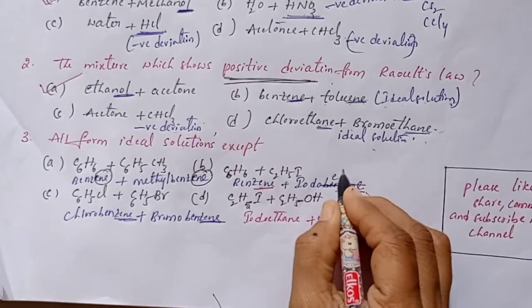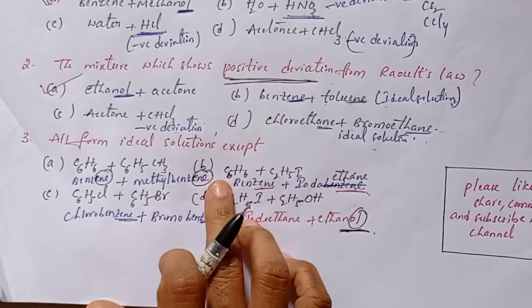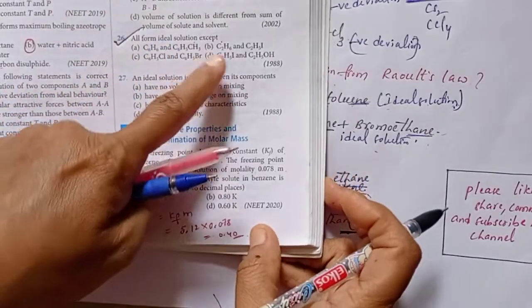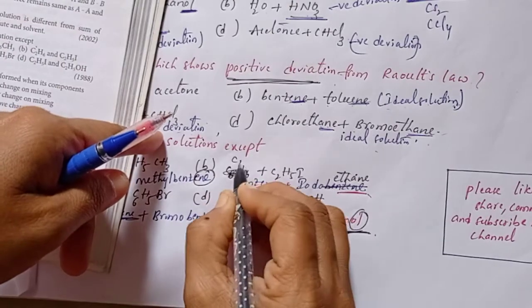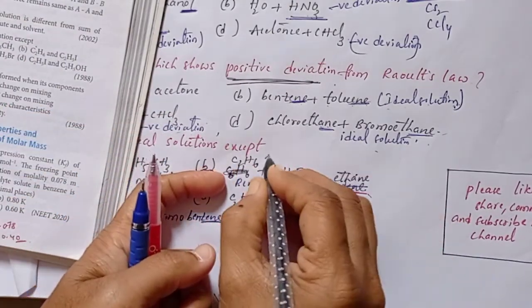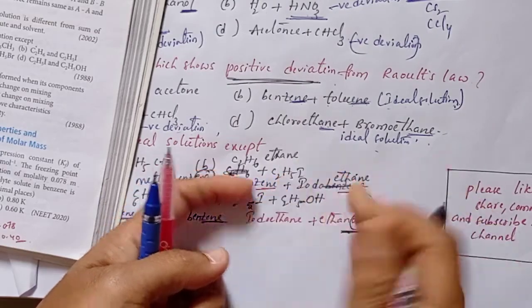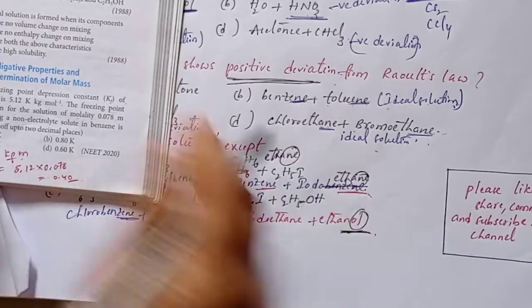Sorry, I wrote the example wrong, C2H6 is given, which is ethane, plus this is iodoethane. Now see, here also the same ethane group only is there.